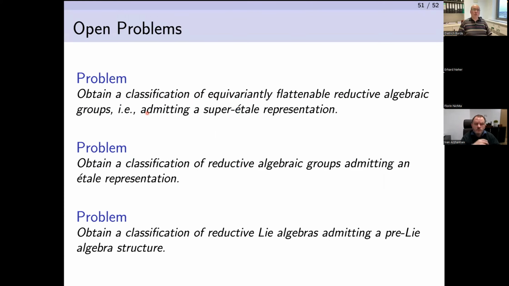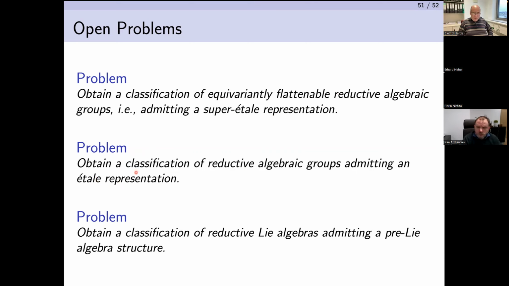And our language is: obtain a classification of reductive groups admitting a super étale representation. That seems to be an open problem. So we have made a few results, but we are far from any classification. And this is then even worse, because instead of super étale, it's étale.